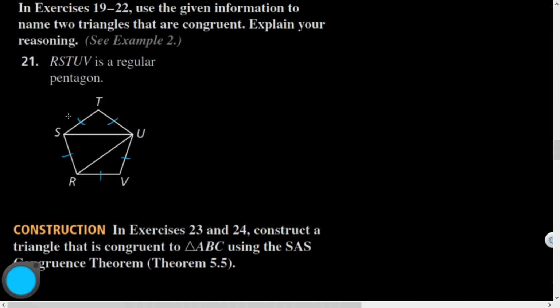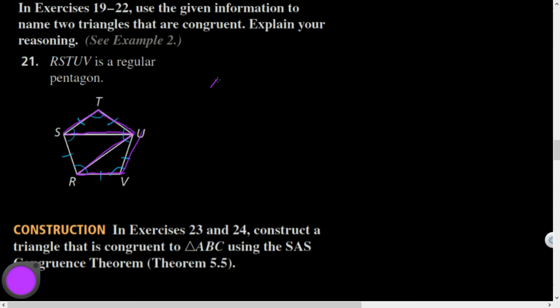So by definition of regular, all of these exterior sides are going to be congruent, and all of these angles will be congruent. I can't technically call those exterior angles, but the border angles are going to be congruent. Based on that information, I think I could show that this triangle is going to be congruent to this triangle.